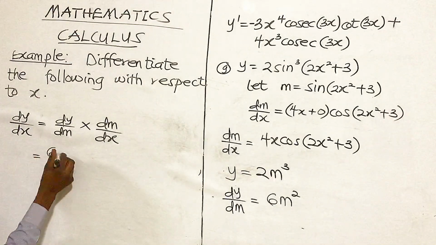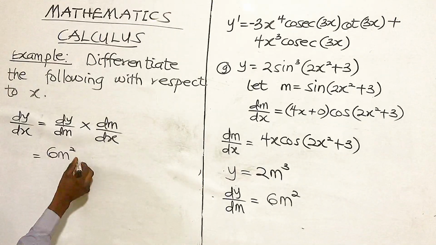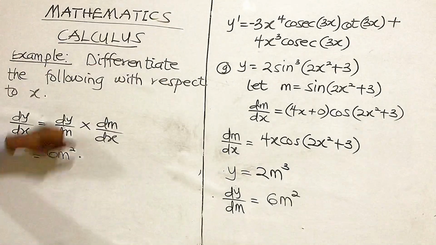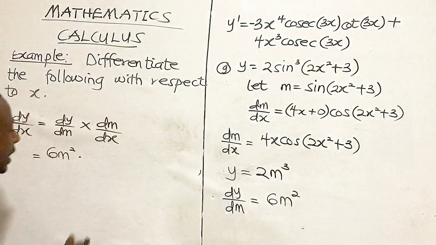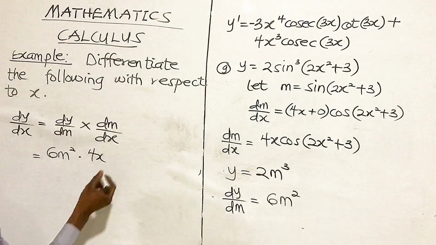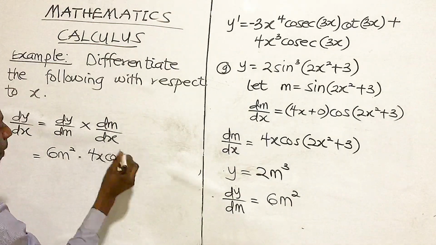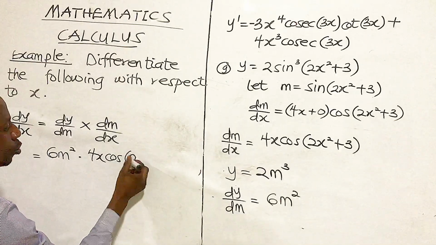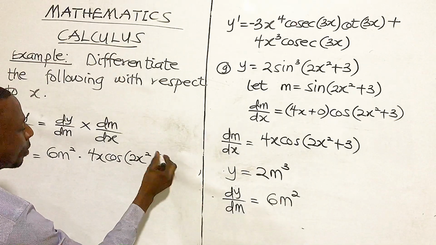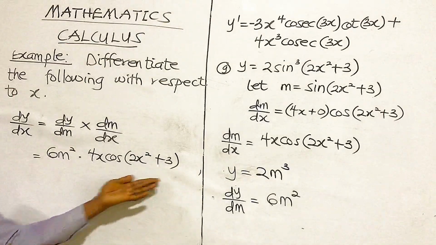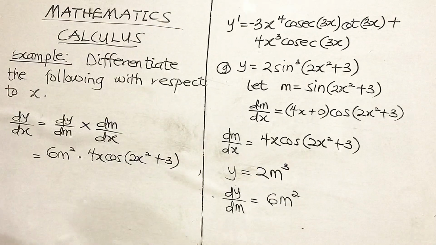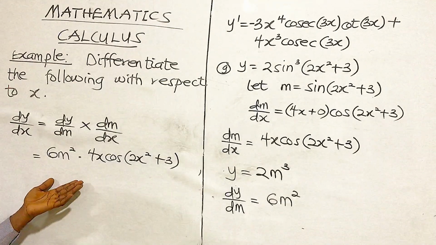So I have 6m squared multiplying dm over dx, which is 4x cos 2x squared plus 3. So now from here, we are going to make substitution.